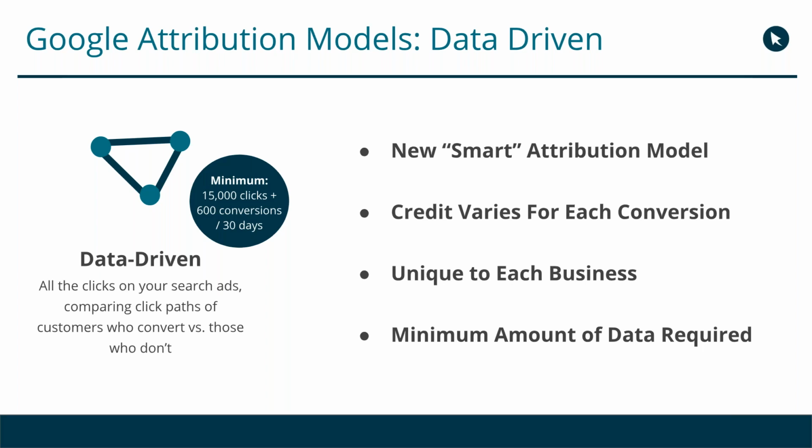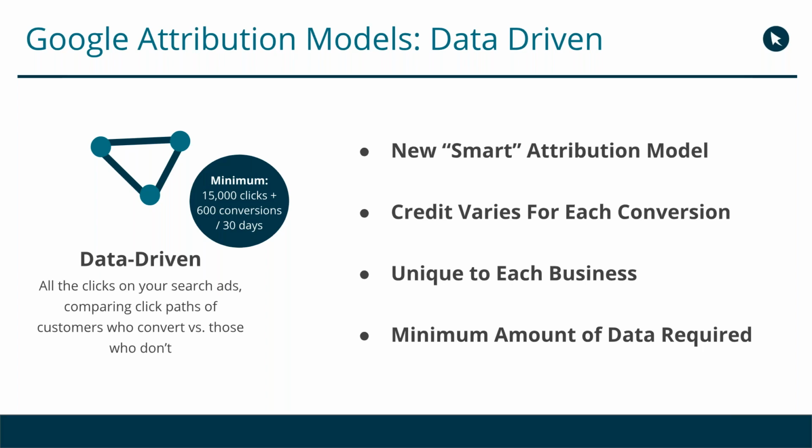That's not really relevant. Anyway, within the settings of the conversion, there's a section for attribution model, and it always defaults to last click, but you can actually change that in AdWords to any of those other models that we just talked about. But you can also change it now to this new one, called data-driven attribution.